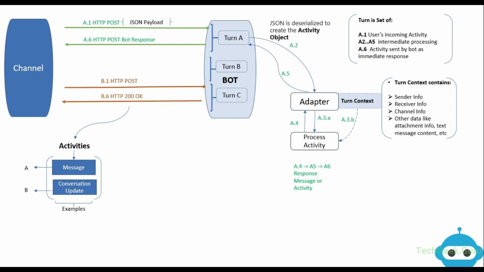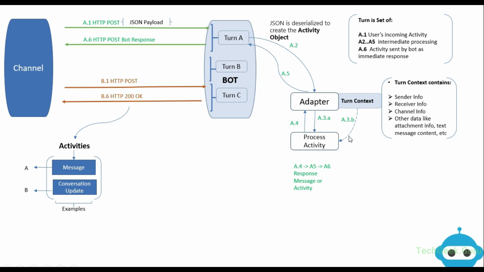All this is handled by the activity handler. The adapter along with the turn context will send the incoming activity for processing. It will call the process activity method of the adapter, and this method will send the activity to the activity handler instance for further processing.